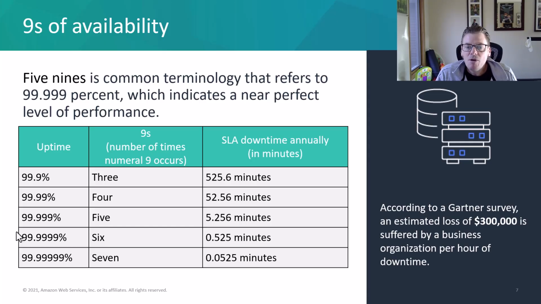That equates to an annual 525 minutes of downtime per year. That calculates out to 10 minutes a week it's down. If we go with the 99.99, or 4 nines of availability, that's going to equate to 52 minutes a year, or 1 minute a week of downtime, essentially.